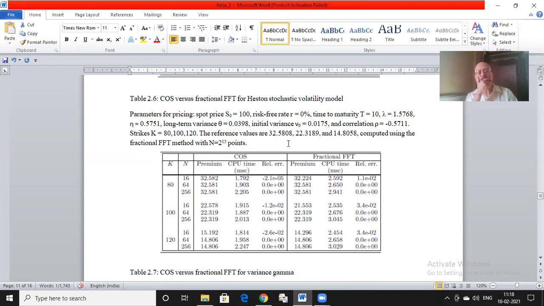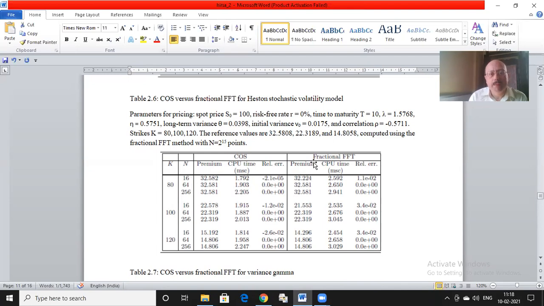Now, if I use fractional FFT with 2 to the power 15, I can safely assume that I will get the correct values, and then I can compare it with results from the cosine method for more reasonable, much smaller n. So again, our comparisons are done in terms of 16, 64, and 256, so 4, 6, and 8 only.